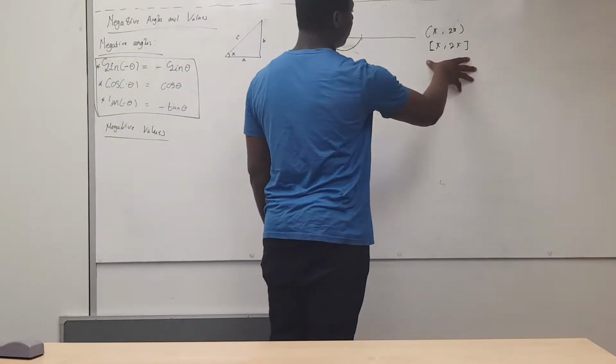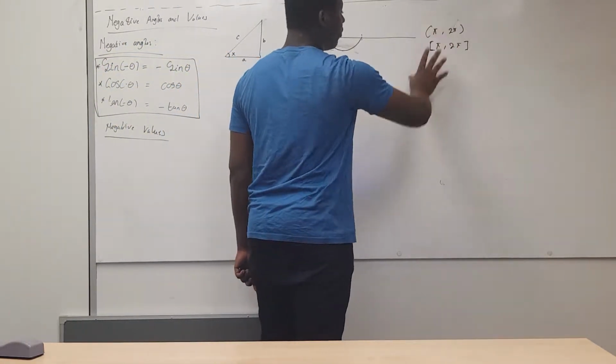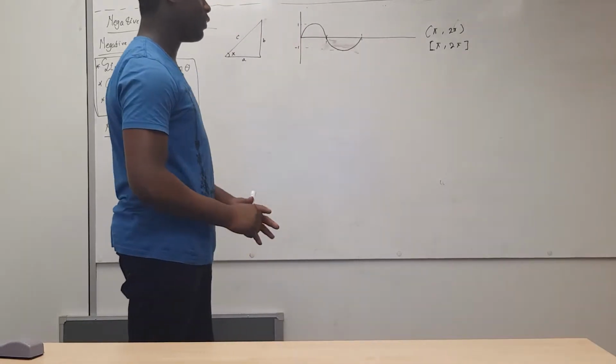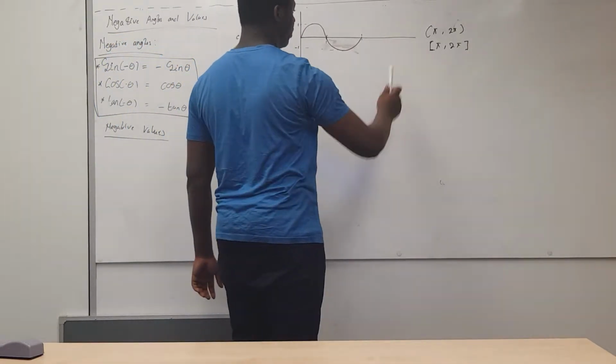So it's not included. Anything from pi to 2 pi is excluded from this boundary. So this is the boundary condition.